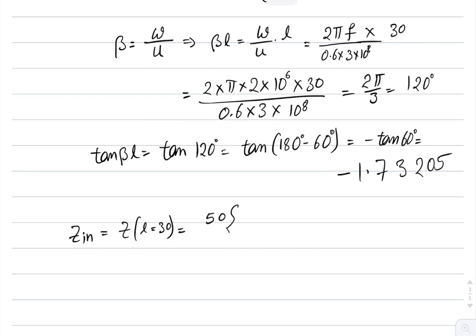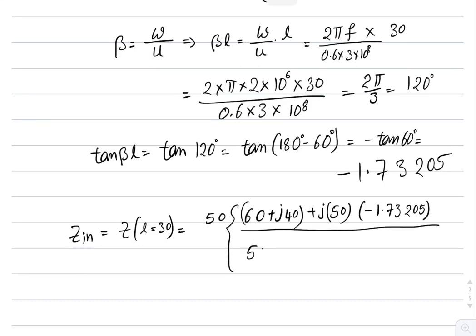Input impedance of the transmission line, or impedance at a length L equal to 30 meters, is equal to characteristic impedance 50 times (ZL value 60 plus j times 40, plus j times 50 times minus 1.73205) by (50 plus j times ZL value 60 plus j times 40 times tan 120, minus 1.73205).